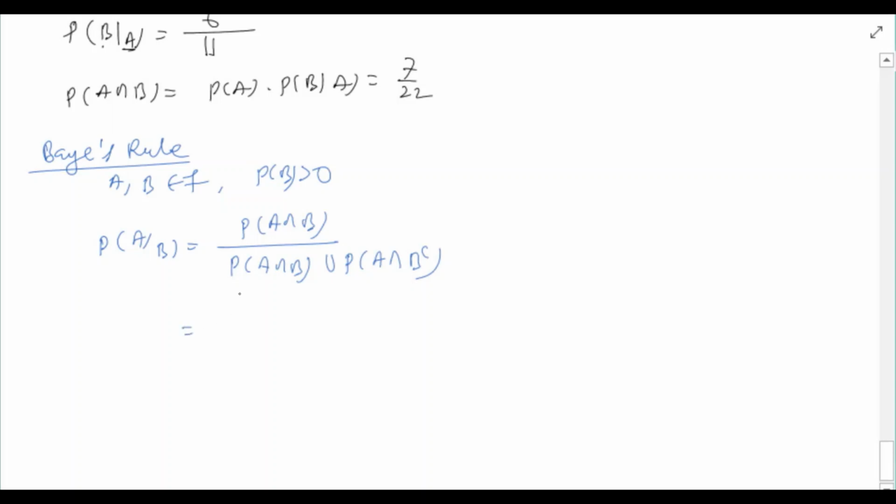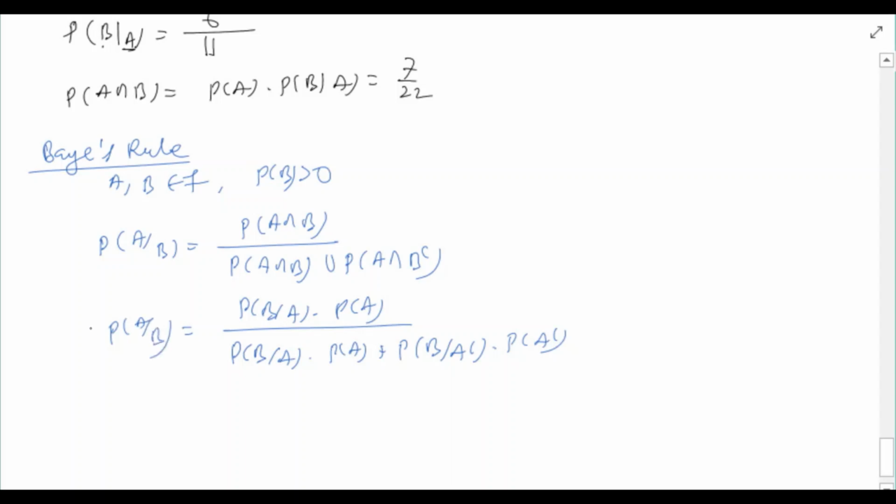This can further be rewritten as probability of B given A times probability of A divided by probability of B given A times probability of A plus probability of B given A complement times probability of A complement. This equality is referred to as Bayes rule.